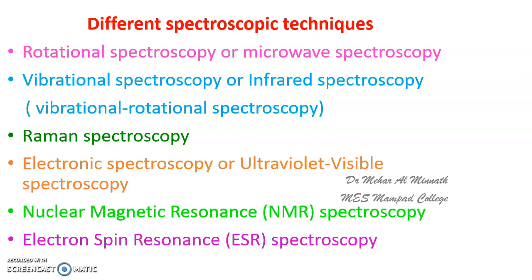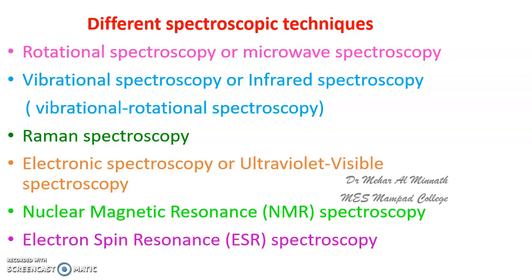In ESR spectroscopy, the transitions induced by the absorption of radiation in the microwave region are studied between the magnetic energy levels of an electron with unpaired spin in an external magnetic field.